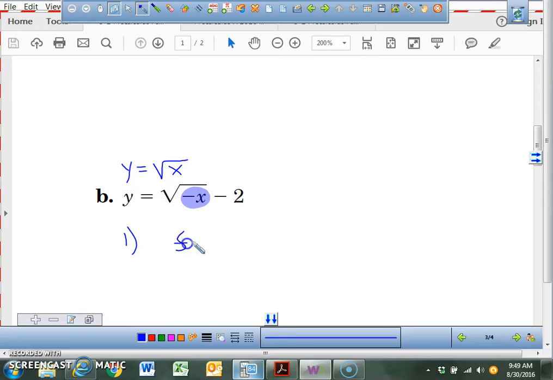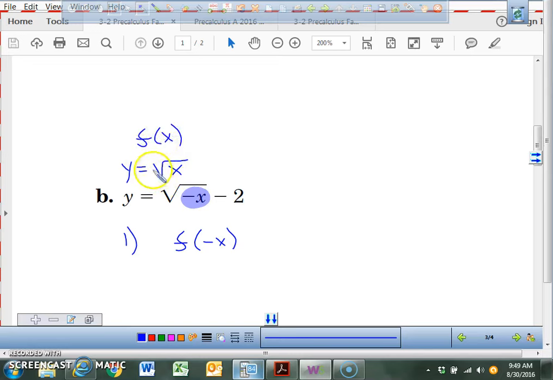Specifically, we have f of a negative x value. So instead of f of x, by the way, this right here is your original equation, f of x, now we have f of a negative x. And Liz, you're correct, that does specifically state that this reflects across the what? The y-axis.